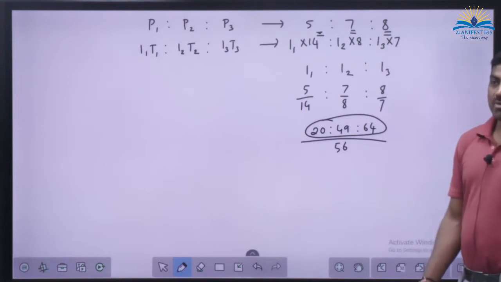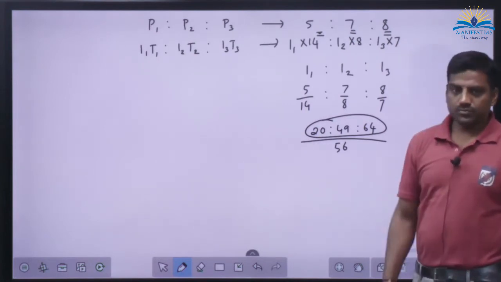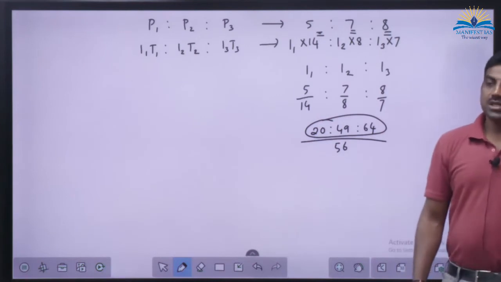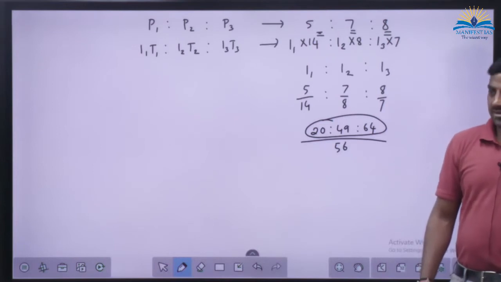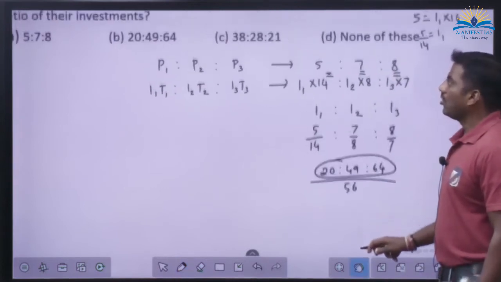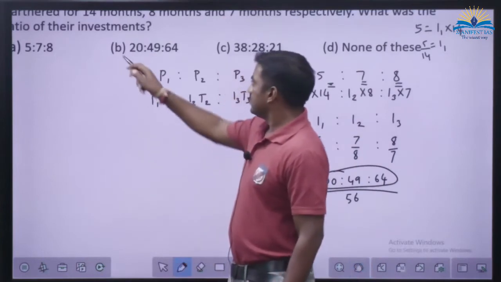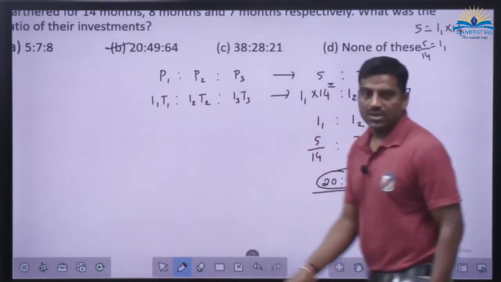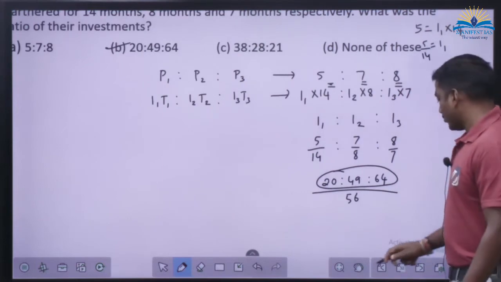When you get the common denominator, discard it. There is no use of it, because if you multiply any number to the terms of these ratios, it doesn't matter. Now the final answer is 20:49:64. Yes. Done.